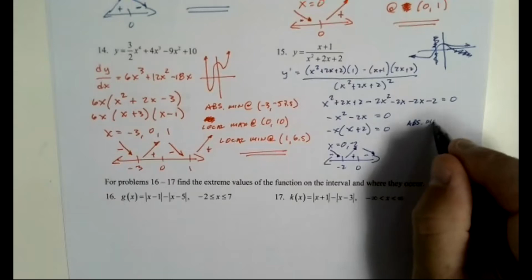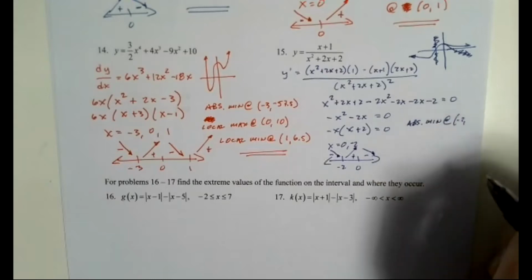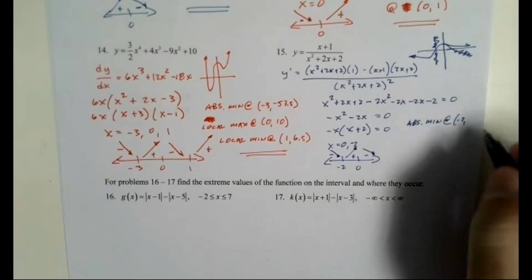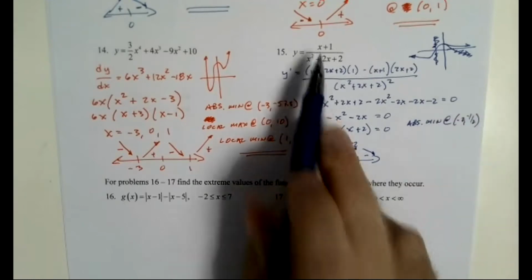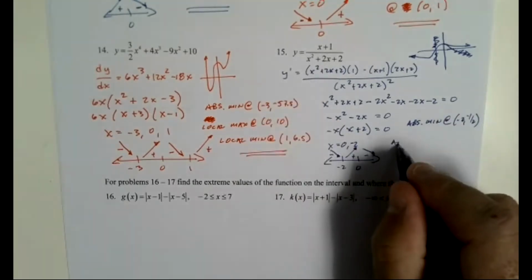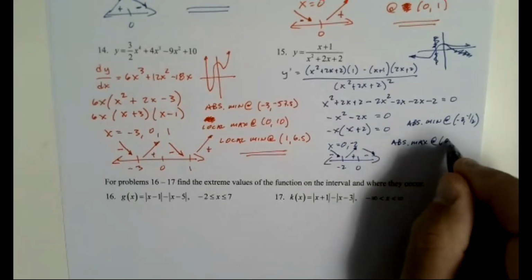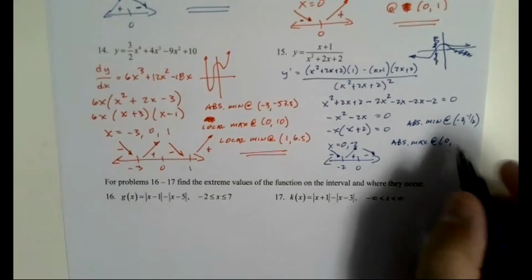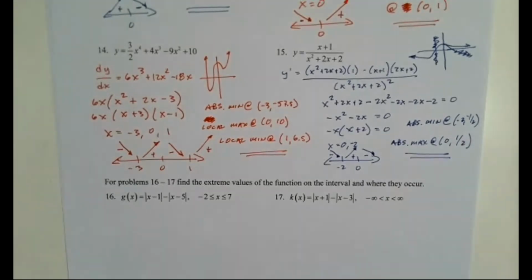Absolute min at negative 2, negative 1/2. I got that from plugging it into here. And then an absolute max at 0, 1/2. Cool math.